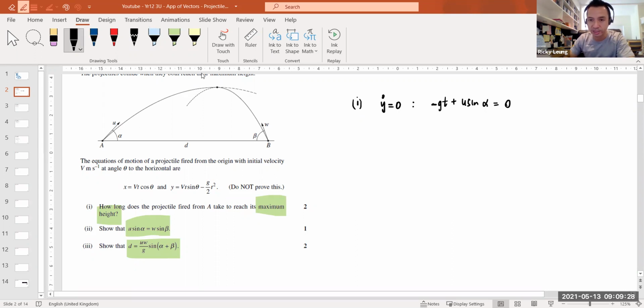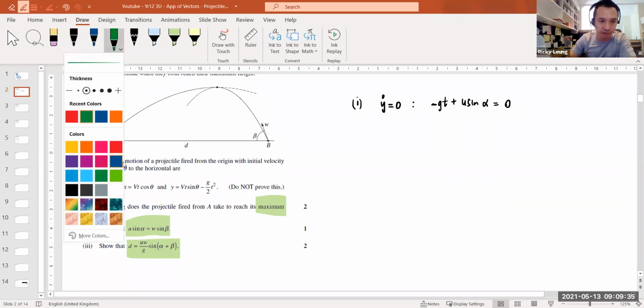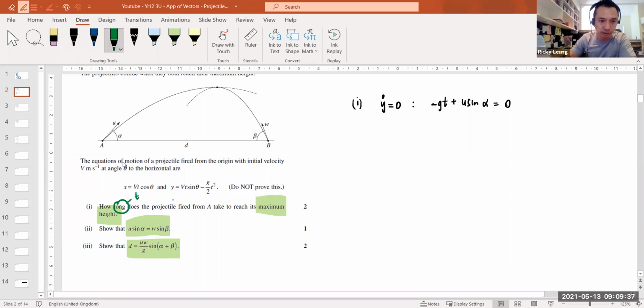If I make t the subject, which is what they're asking me for, right? So the very important word there is how long. So I'm finding t, so t equals a question mark. Therefore, if I make t the subject, t equals u sine alpha on g. Yeah, that's all I need to do.